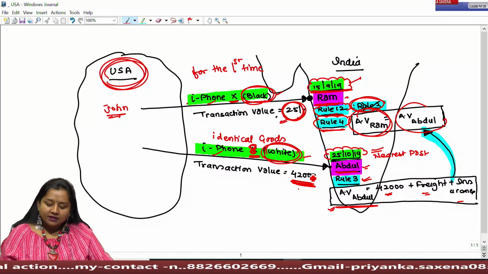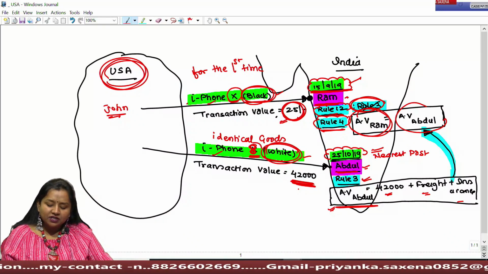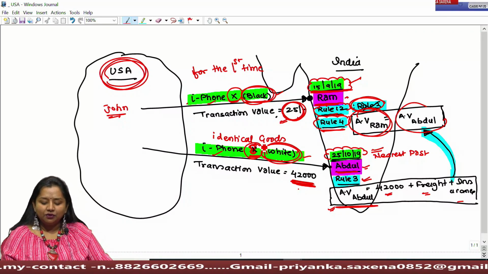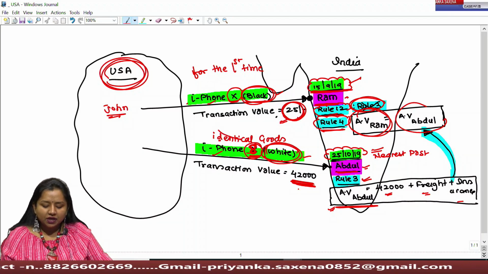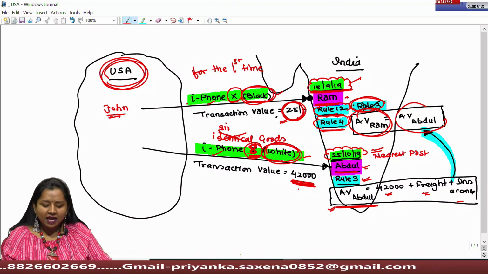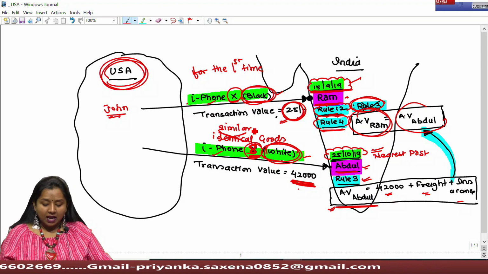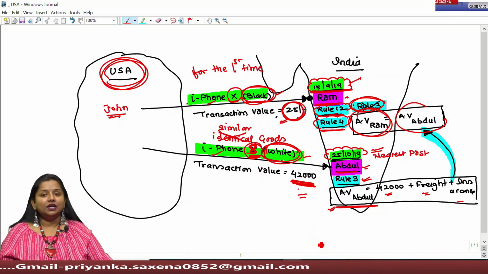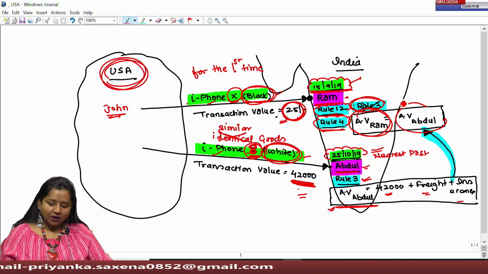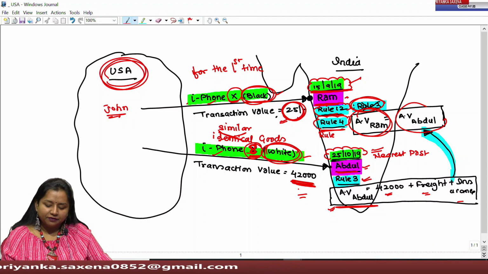So now, since not all features are the same, iPhone X and iPhone 8 are not comparable in all features. Therefore, iPhone 8 shall be taken as similar goods, and whatever the value of similar goods as determined by such assessee shall be taken as the assessable value under Rule 5.